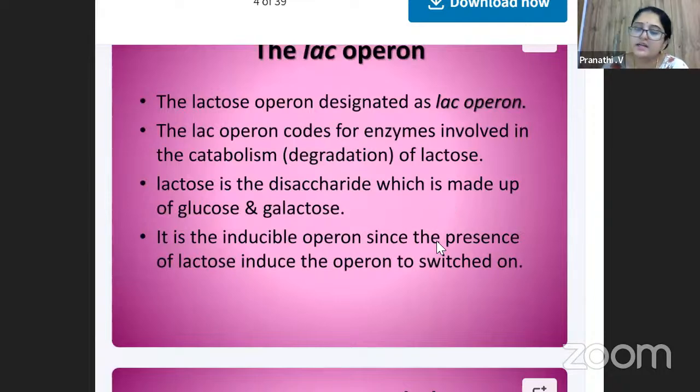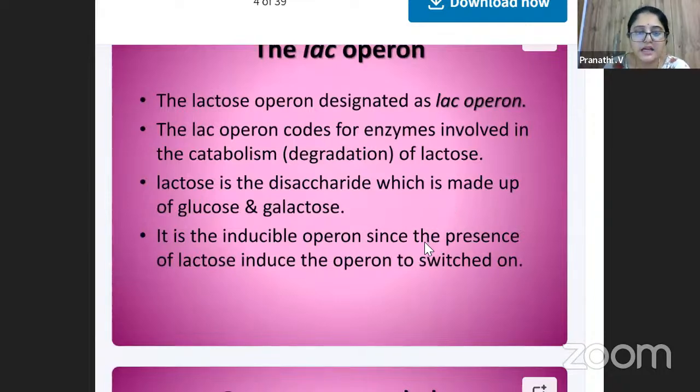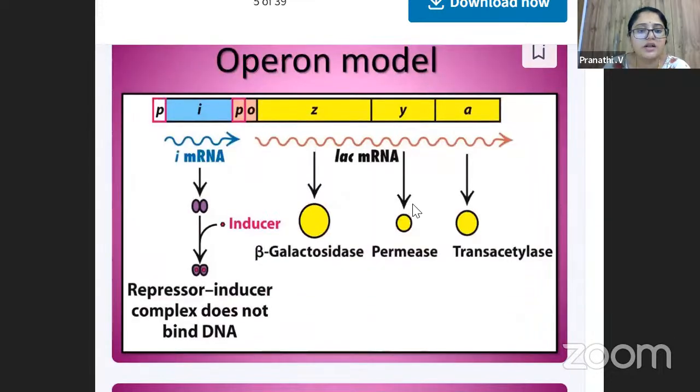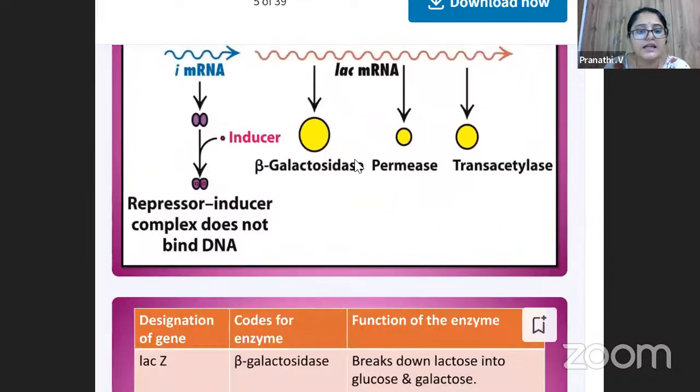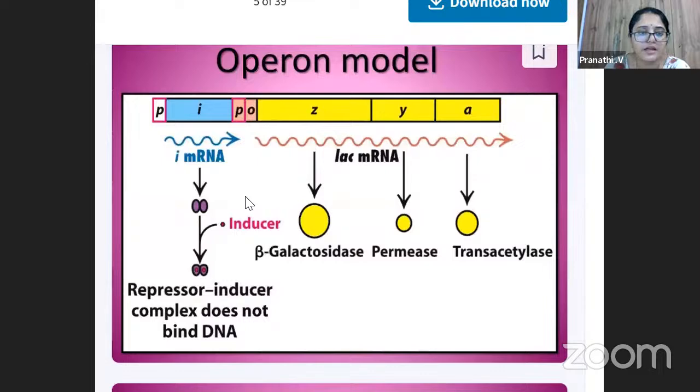It's a disaccharide made up of units of glucose and galactose. In this, you have Lac Z, Y, A, the structural genes, and then you have the promoter and the operator.